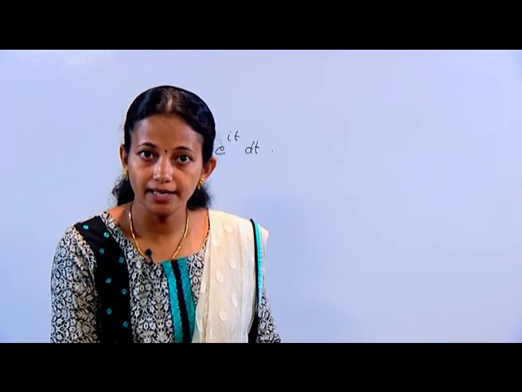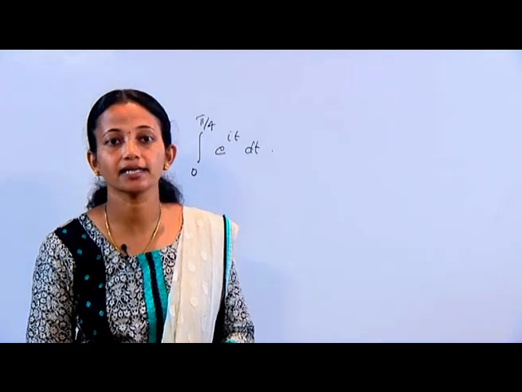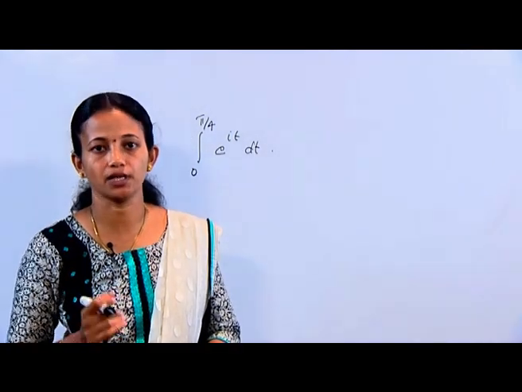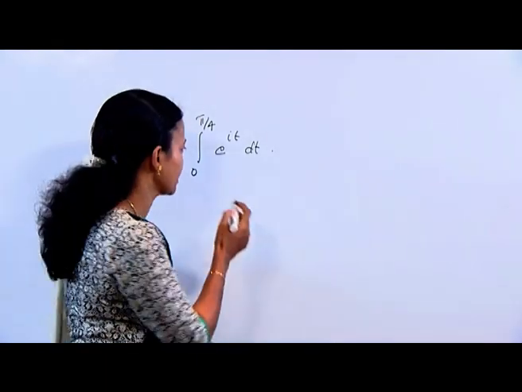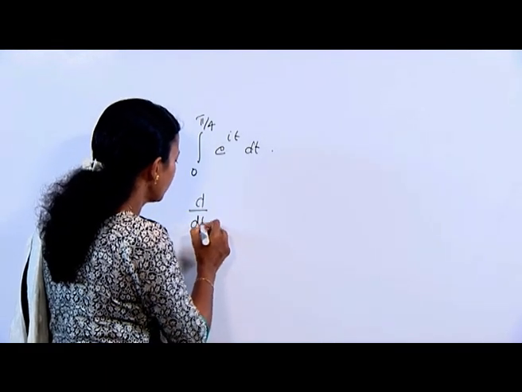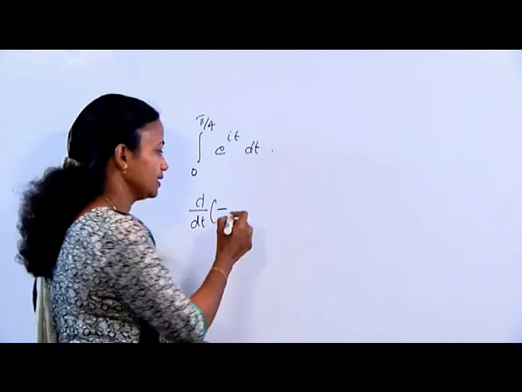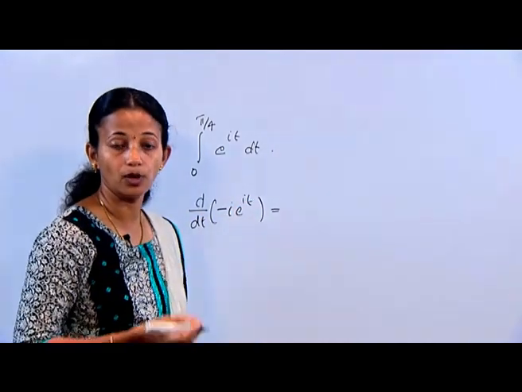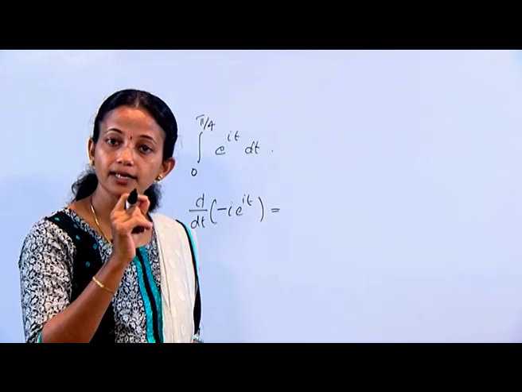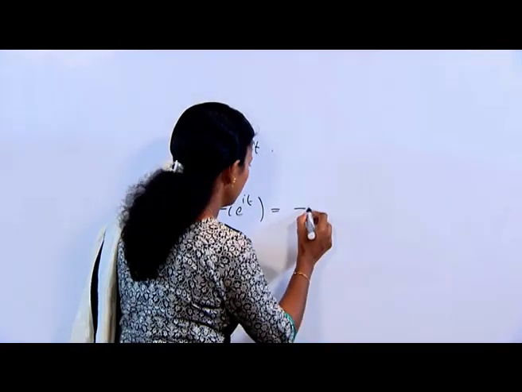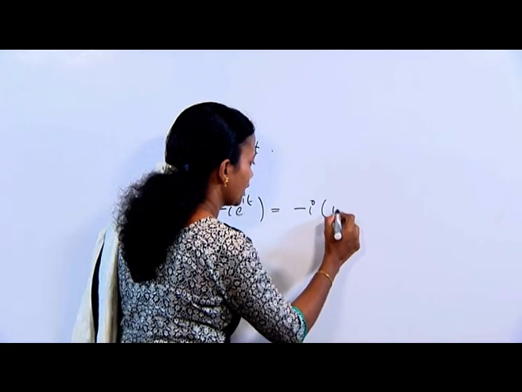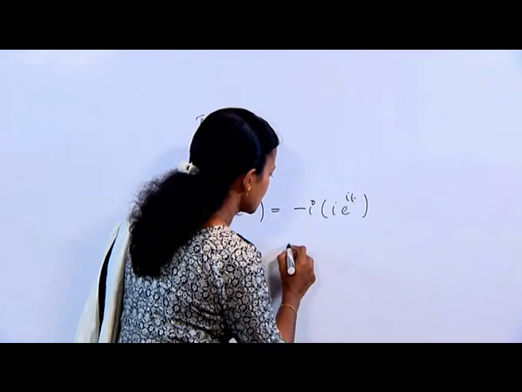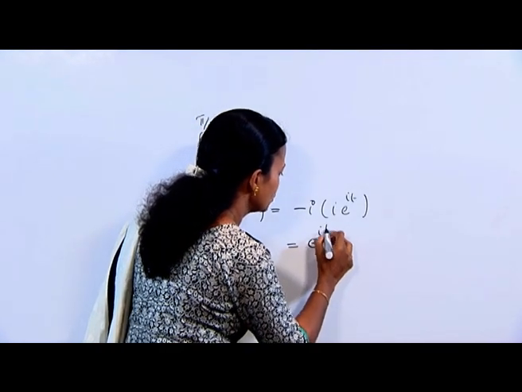That is, d by dt of minus i e raised to i t is equal to minus i into d by dt of e raised to i t. That I can write as minus i into i e raised to i t. This is nothing but e raised to i t.